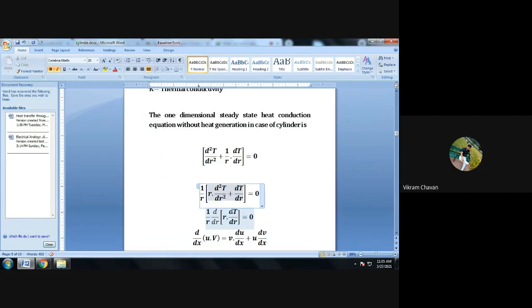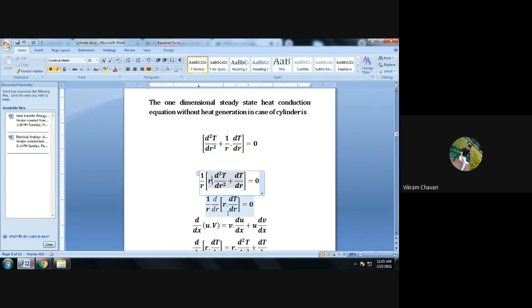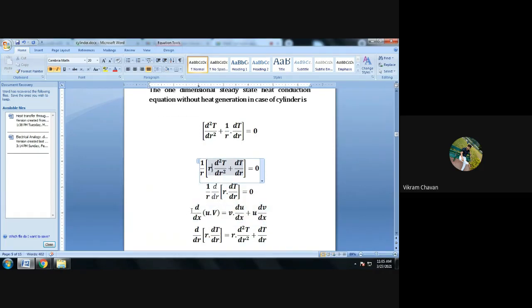Why have we written this? Because this term is the inverse of the differential of u multiplied by v. We know the general rule: the differential with respect to x of u multiplied by v is equal to v multiplied by du/dx plus u multiplied by dv/dx. We applied this rule to this bracket.